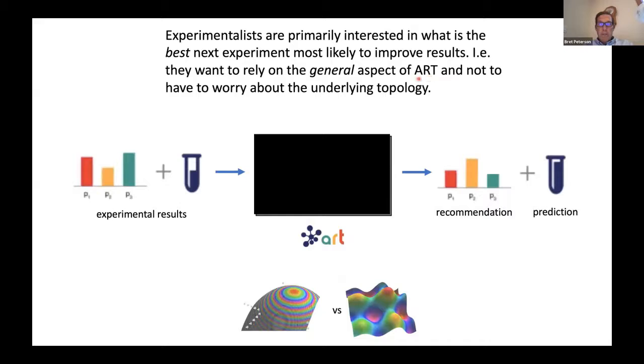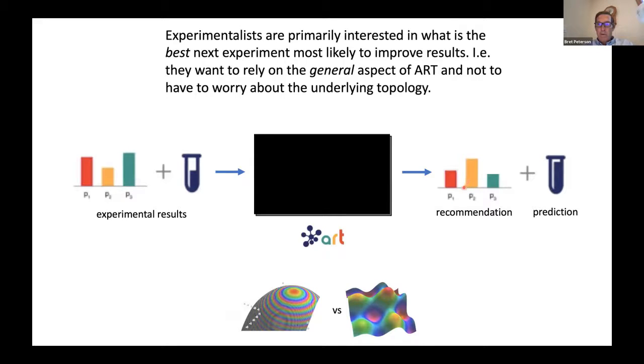So the experimentalists don't really care about much of this. They really want ART to be just a black box. And their goal is, because once you get into multi-dimensional or high dimensional spaces, making predictions is pretty hard, they really just want to see what these recommendations are.